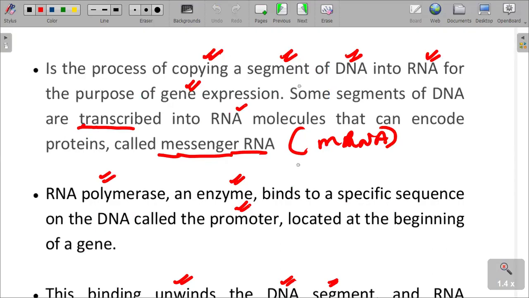Transcription is the copying of a segment of DNA into RNA for the purpose of gene expression. Remember that proteins are used for cell division, and we have got two forms of cell division, mitosis and meiosis. This process of copying DNA into RNA for gene expression is happening to prepare for the process of mitotic cell division, which is the growth and the replacement of dead cells.